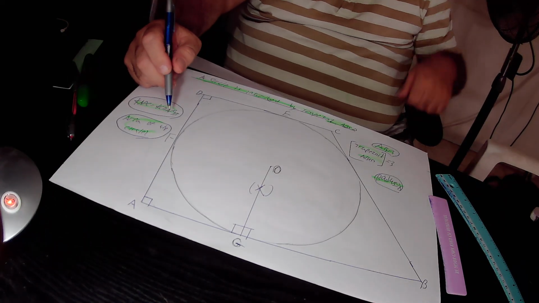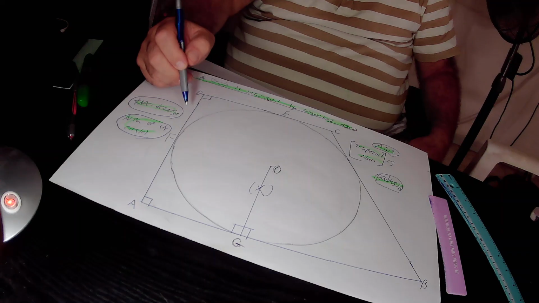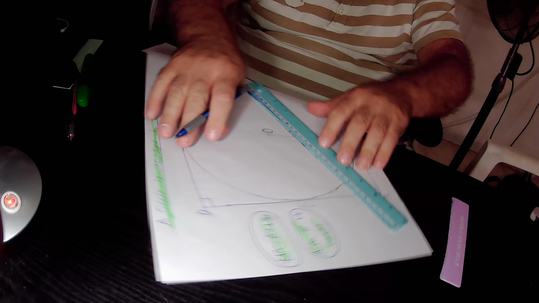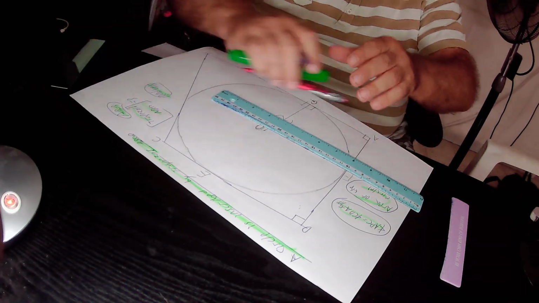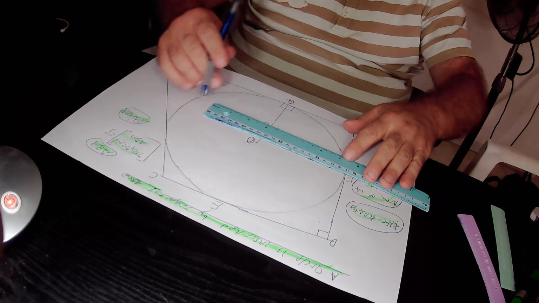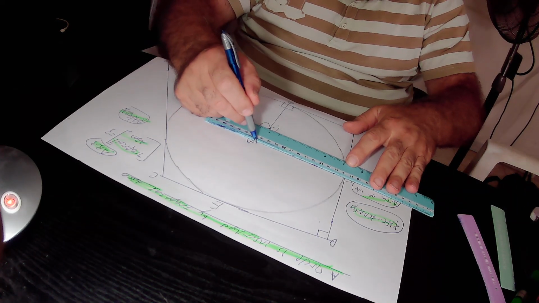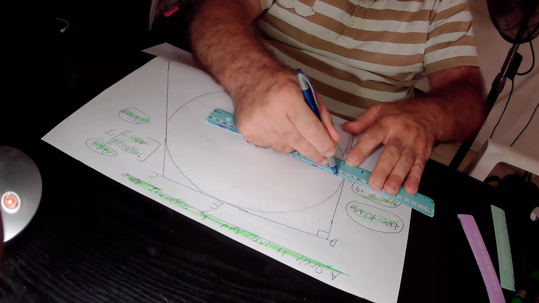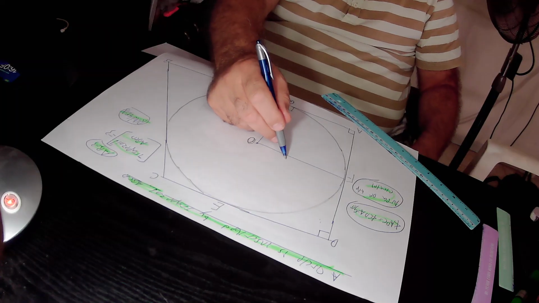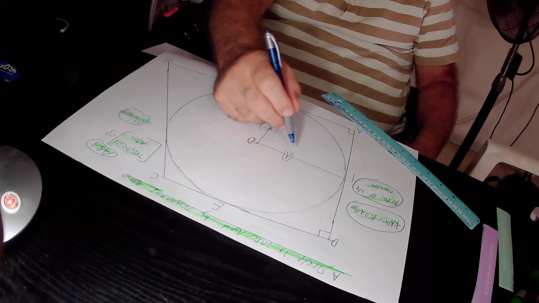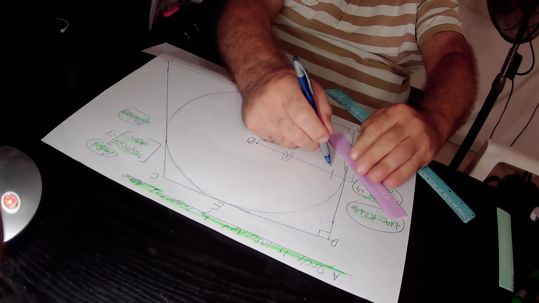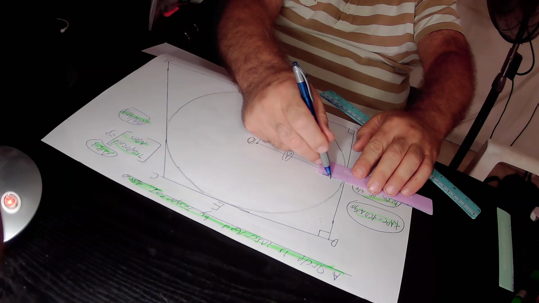In the next step, we will join points O and F together by a straight line. OF is of course a radius of this circle, equal to X, and according to rule 1, this angle equals 90 degrees, and this angle also equals 90 degrees.